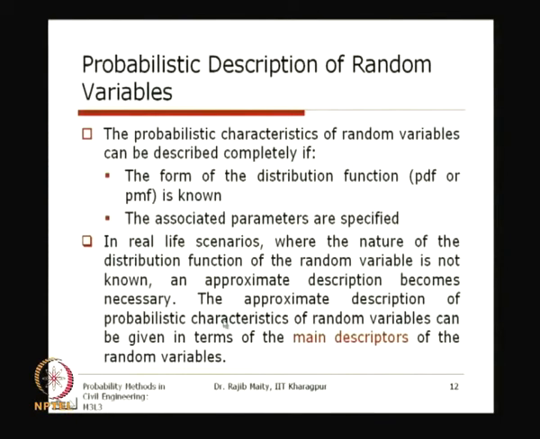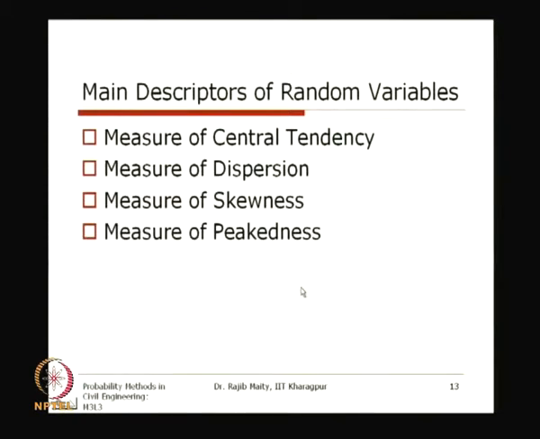If we do not know the closed form of the equation, these main descriptors become very important to know the nature of the distribution. The first 4 descriptors are very important and mainly responsible for the nature of the distribution, though there are higher ones.